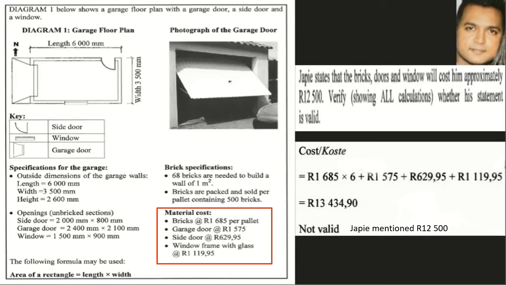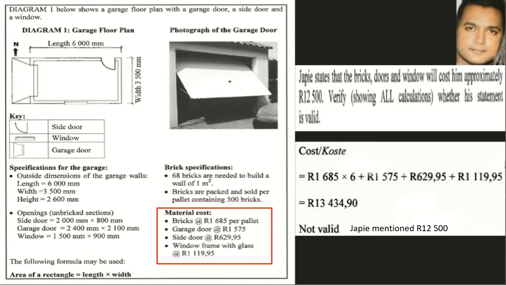The following items were indicated in our question: the bricks, the doors and the windows. In line with the bricks, the information given here is that it's 1,685 per pallet. In our previous questions, we worked out that there are 6 pallets that we're working with. So we need to multiply this by 6. As indicated in the answer, you see the 1,685 times 6.